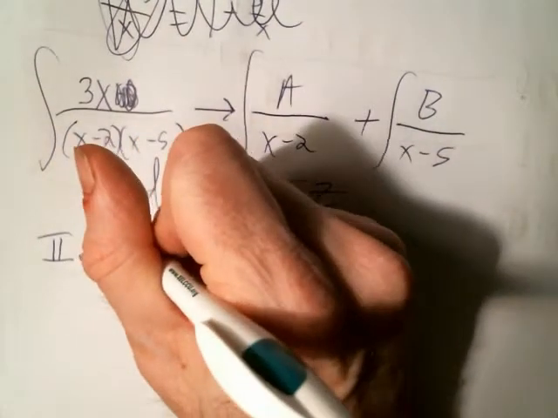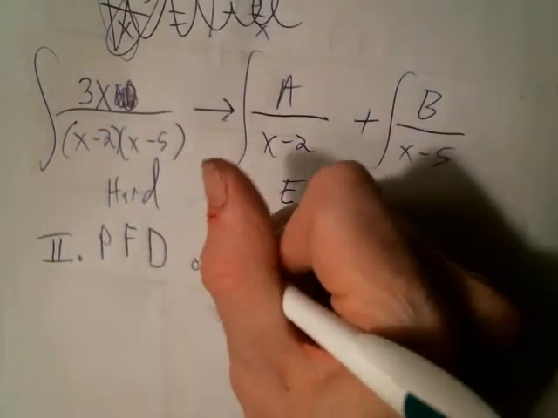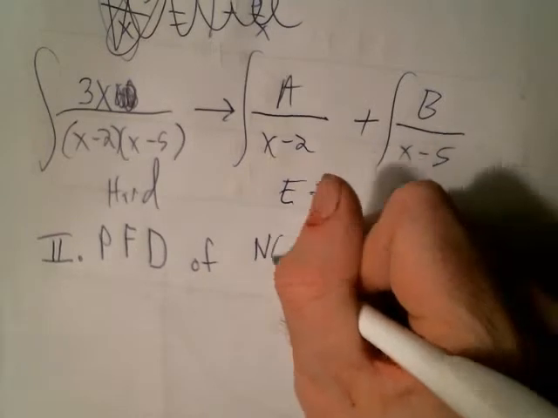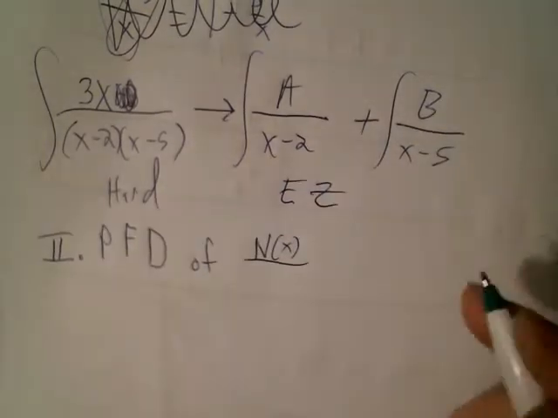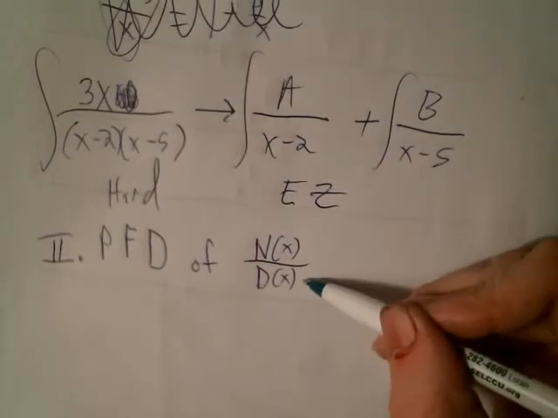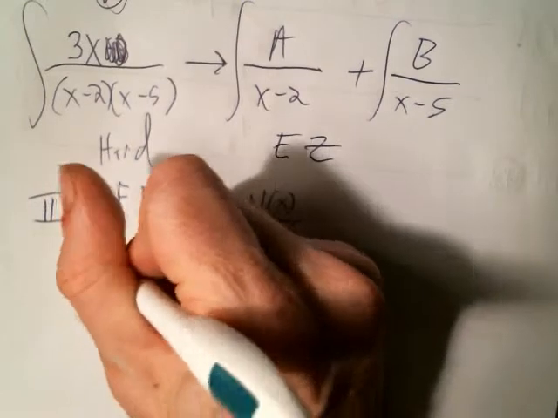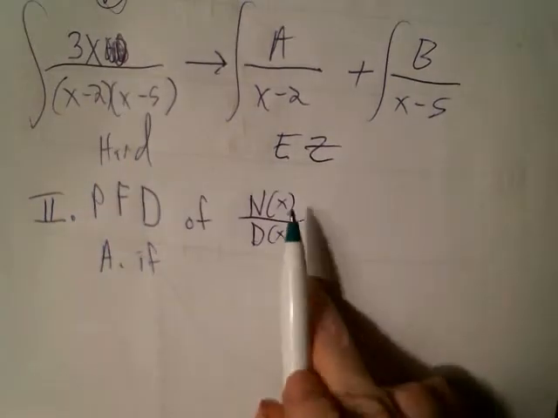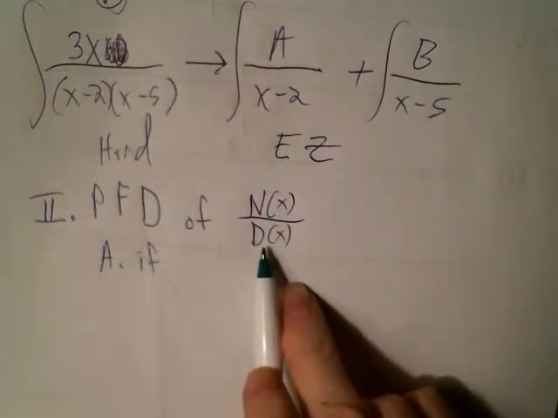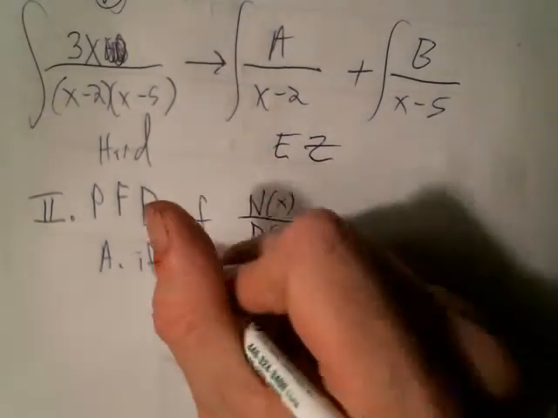So anyways, the partial fraction decomposition is of the form some numerator function over some denominator function, and these are themselves polynomials. So first off, if the degree of the numerator exceeds the degree of the denominator, you'll do long division. Even if it's equal to, do long division.